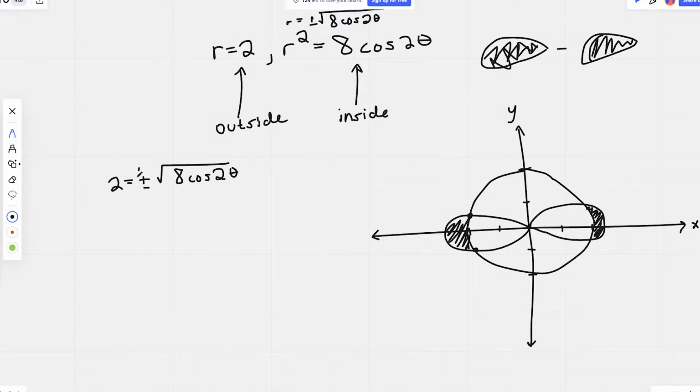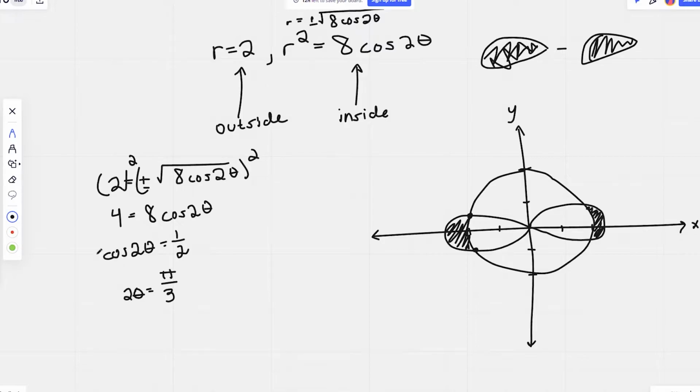Then you square both sides, and you're left with 4 equals 8 cosine 2 theta, so cosine 2 theta equals 1/2. And where does cosine equal 1/2? Well, we know that the inside has to be pi over 3. Let's look at a unit circle real quick just so we can envisage this.